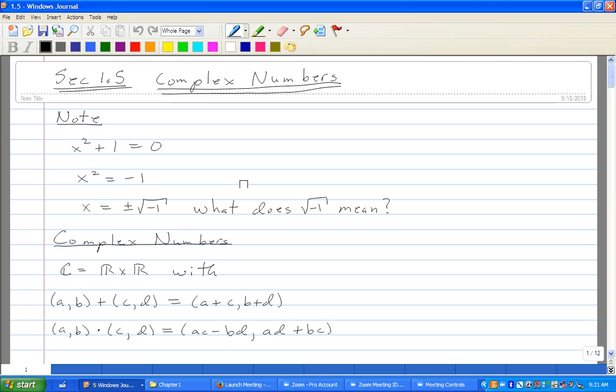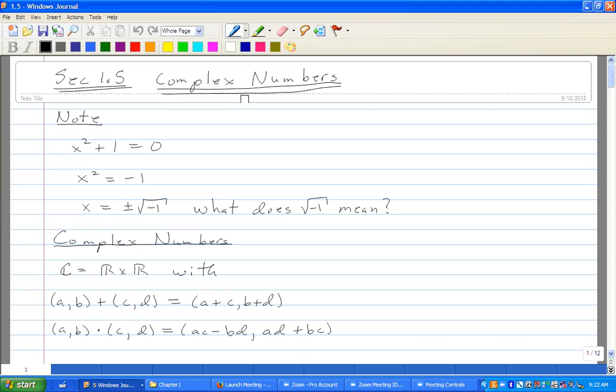Since we want to be able to solve, hopefully, every quadratic equation with real coefficients, then we have a problem if we're not able to solve this simple quadratic equation with a natural number in it. So we're going to somehow try to make sense of the square root of -1.